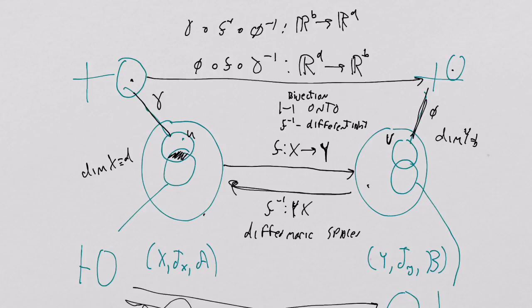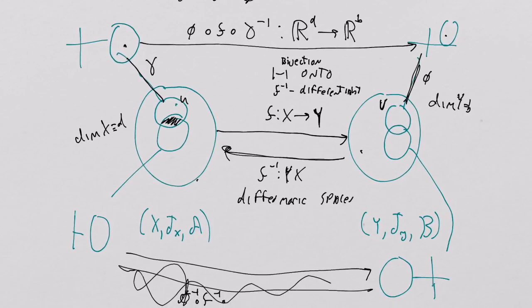That doesn't stop the spaces from being diffeomorphic if the function exists. So the question of whether two spaces are diffeomorphic involves either constructing such a function or some other proof that shows that the function exists even if you can't construct it. But diffeomorphism is the homeomorphism for differentiable manifolds.